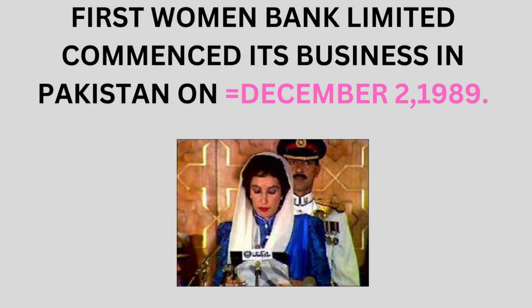And First Women Bank Limited commenced its business in Pakistan on 2 December 1989, and the first women's bank was launched by Muhtarama Benazir Bhutto during her first tenure, which ran from 1988 to 1990.